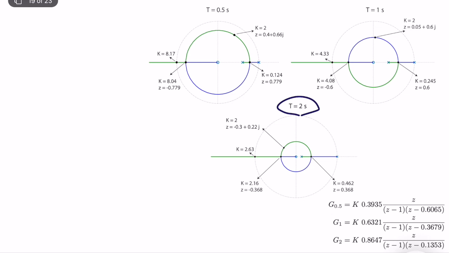From this perspective, you may assume that since the radial distance to the unit circle defines the stability of the system, and this radius is much smaller than the radius here, T equal to 2 seconds, which has the largest sampling time and lowest sampling frequency, provides the most stability, which is not correct.